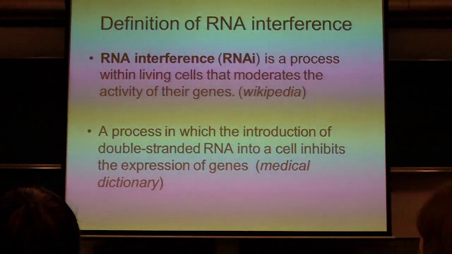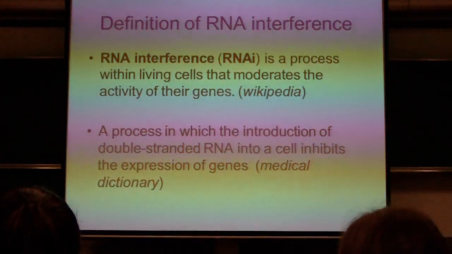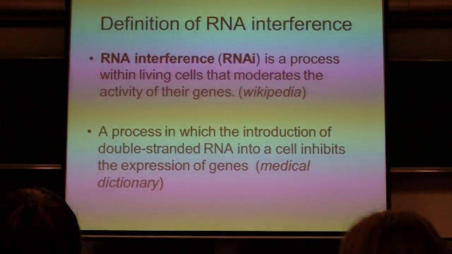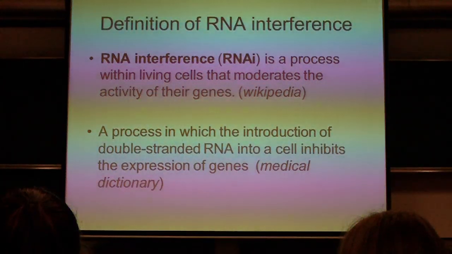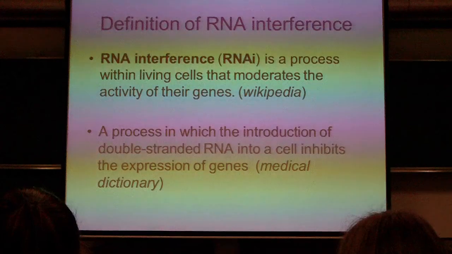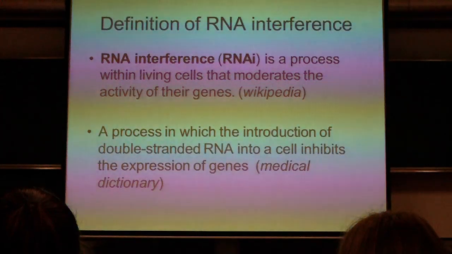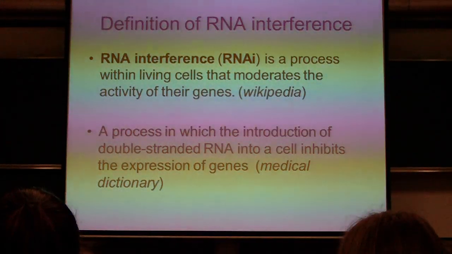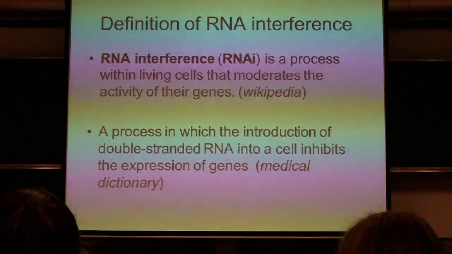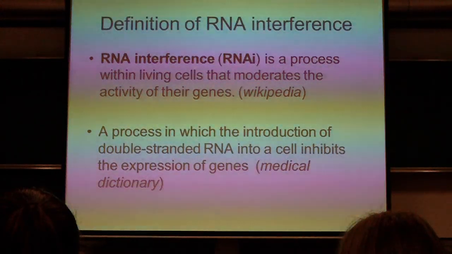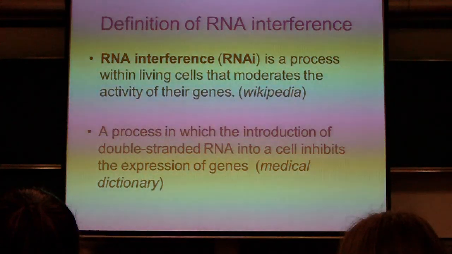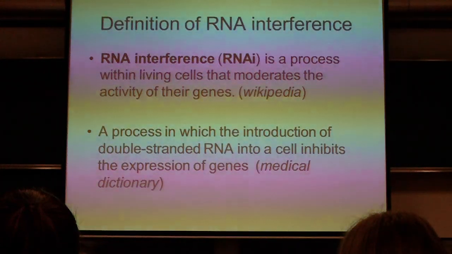A very basic definition of RNAi: you can type it in Google, that's what I did, and you will find a lot of definitions, but it's actually quite simple. It's a process within living cells that moderates the activity of the genes within these cells. That's what you find in Wikipedia, which is actually a very nice background tool, as you probably know.